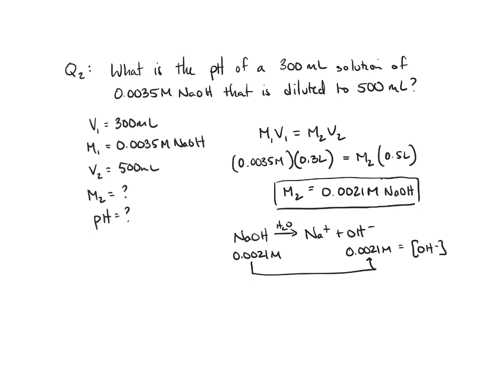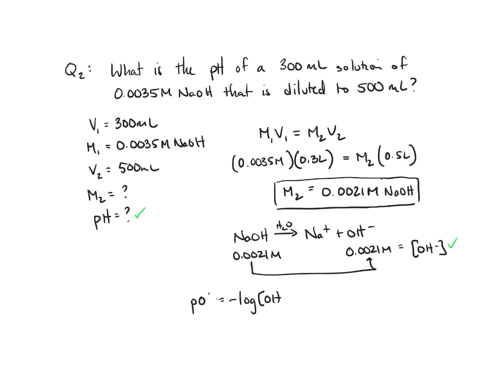So now, once again, we have our concentration of OH minus, and we need pH. So now we just need to use an equation. pH is equal to negative log of concentration of OH minus, and I'll take that back. That is definitely not pH.